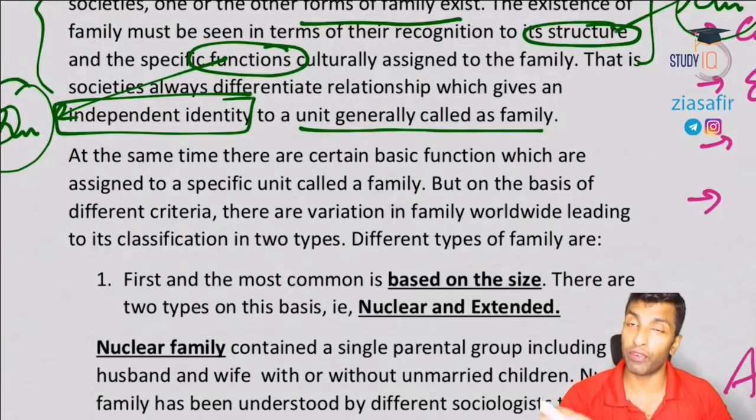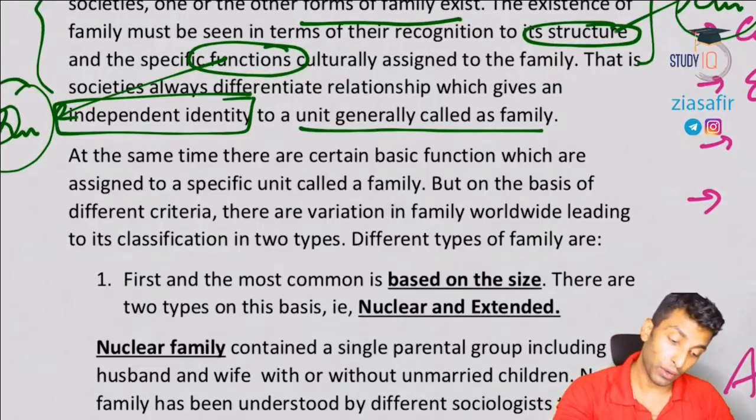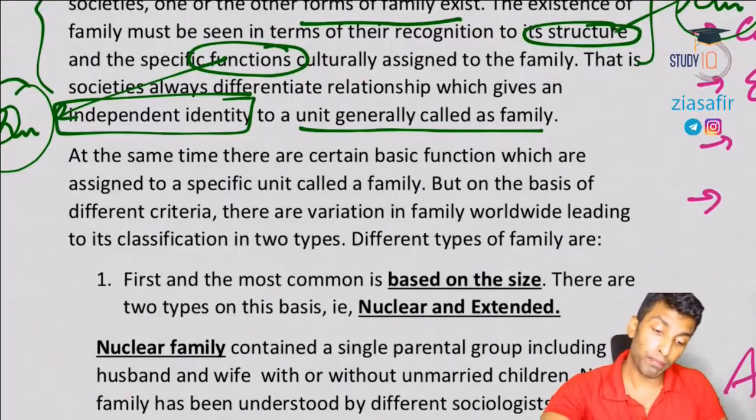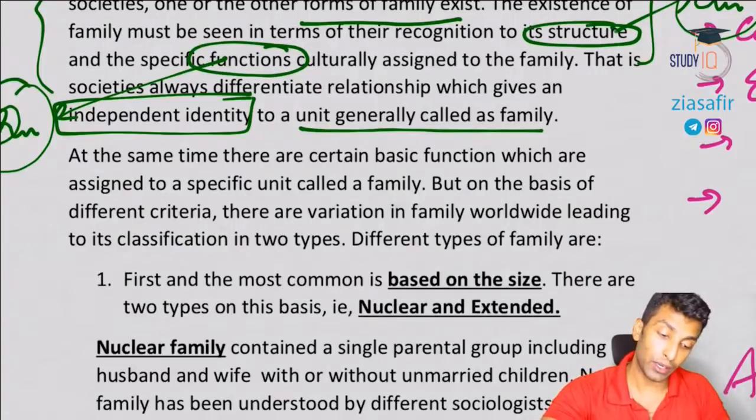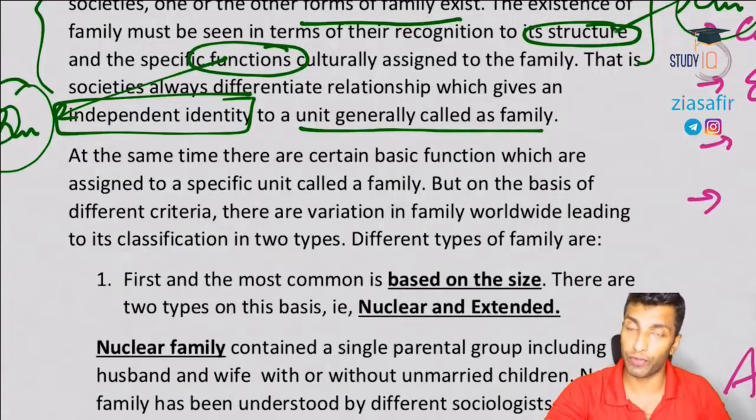When a newborn child is there, his first association is actually his family. Later he'll get friends, he'll get the peer group, he'll join the schools, and everything is there. But the first association that he has is actually his family. At the same time, there are certain basic functions which are assigned to a specific unit called family.